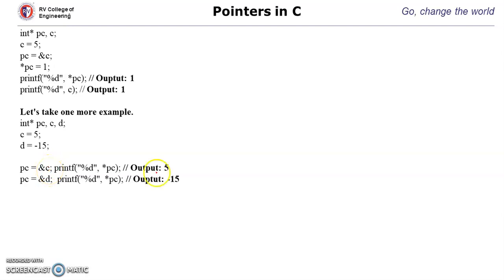C has 5, so 5 will be printed. Then PC is equal to ampersand D, meaning the address of D is now assigned to the pointer variable PC, and again we are printing star PC. The value stored at this address location will be printed. D has minus 15, so minus 15 will be printed.